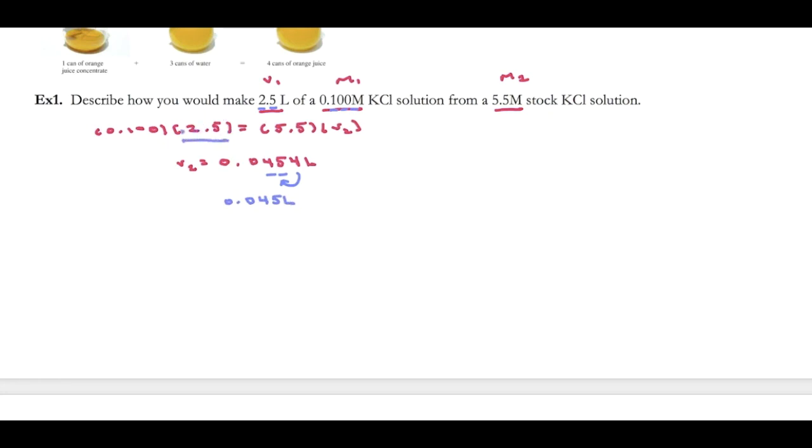Instead of using liters here, I could have also used mils. So if the volume is given to you in milliliters, you can plug milliliters in here. It just means that your V2 will be in milliliters as well. They just need to match on either side.